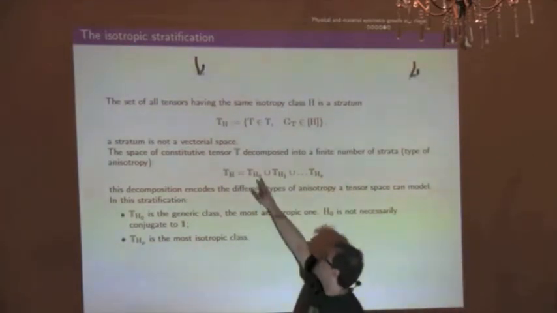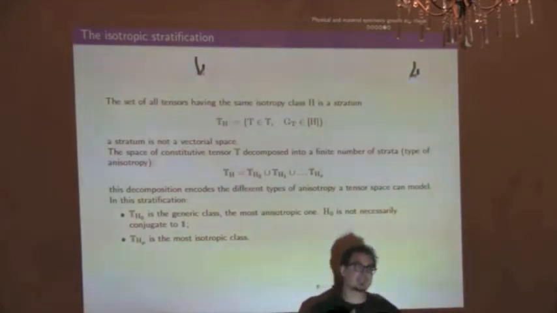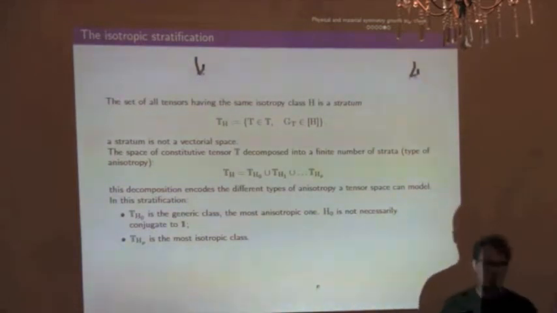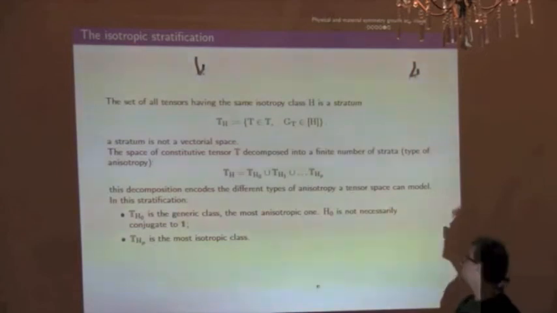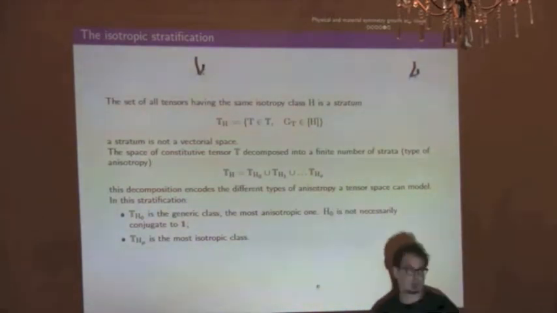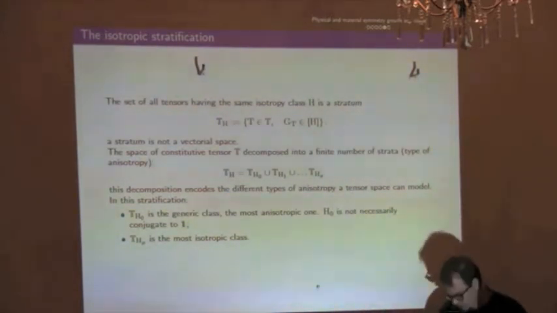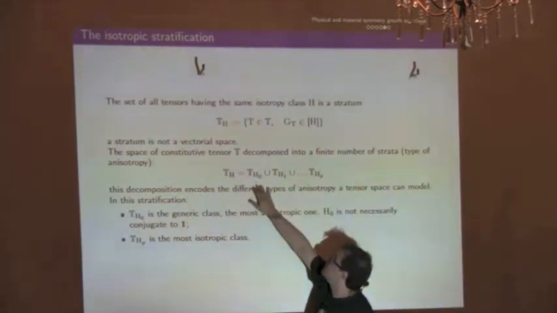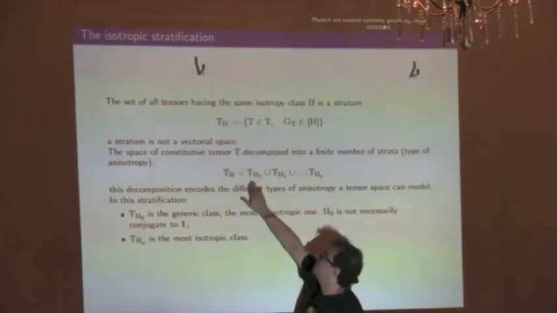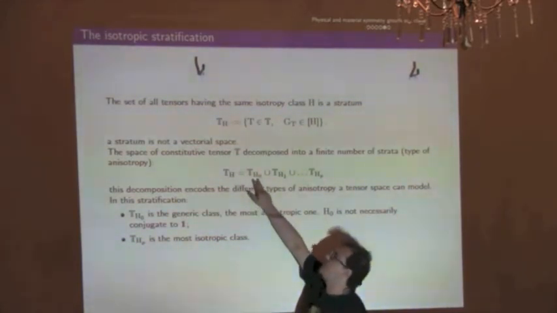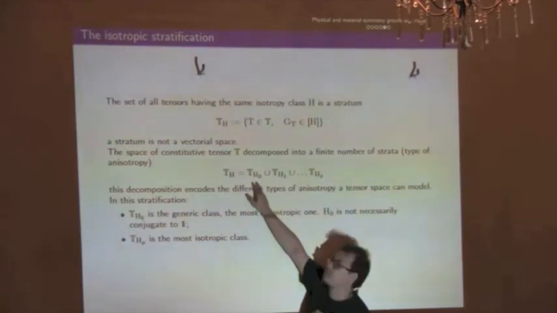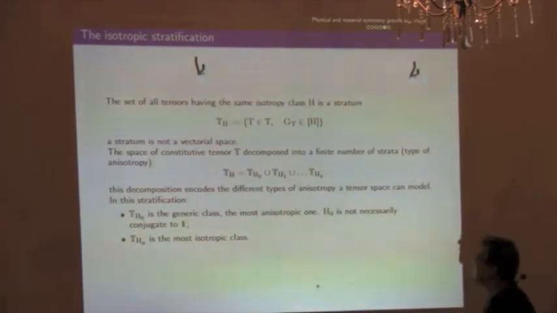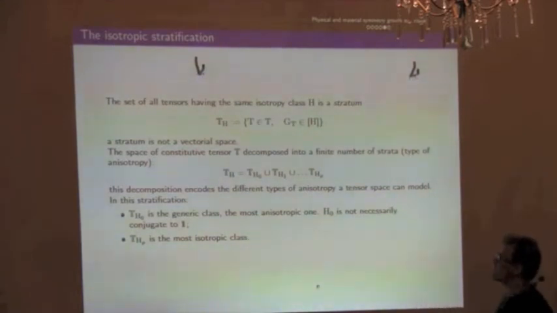So T_H0 will be the set of tensors with the lowest level of symmetry. Here it will be the set of tensors having the greatest level of symmetry. This decomposition is called isotropic, and here is the stratum of elements having H0 as a class of symmetry.